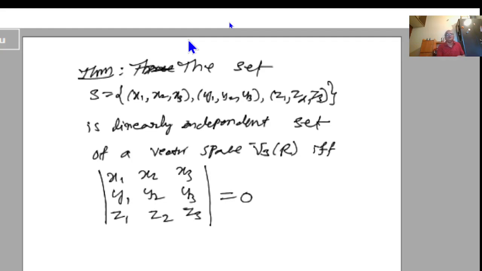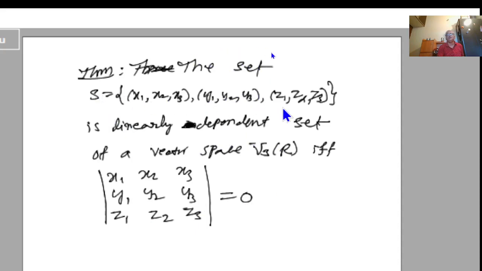So V3R is a vector space over the field R, and S is the set consisting of the three vectors x1, x2, x3, y1, y2, y3, z1, z2, z3. Then the set S is linearly dependent if and only if this determinant is equal to 0.